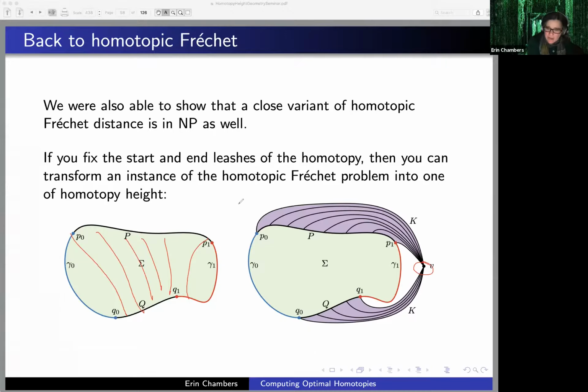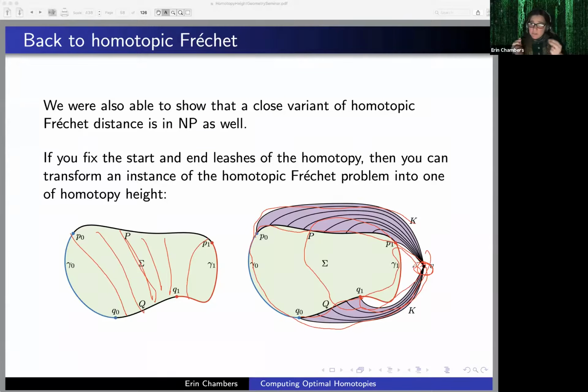So if you just add a vertex and connect everything along the top path and everything along the bottom path, kind of cone it off to that vertex, well, now if I want to walk along like this, that's the same as walking inside an annulus and shrinking from an outer boundary over here to the inner boundary over here.